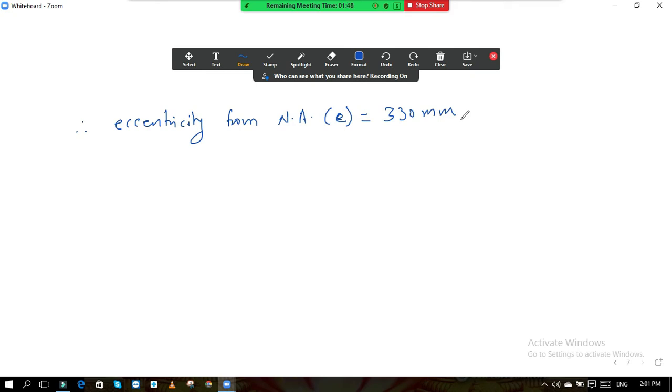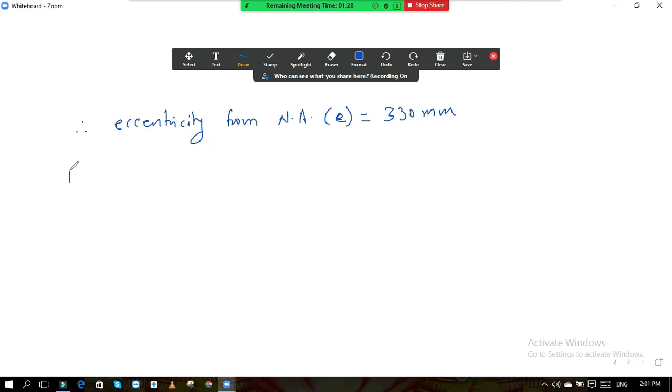This is your eccentricity. Now after the calculation of the eccentricity, we will calculate the final prestressing force.